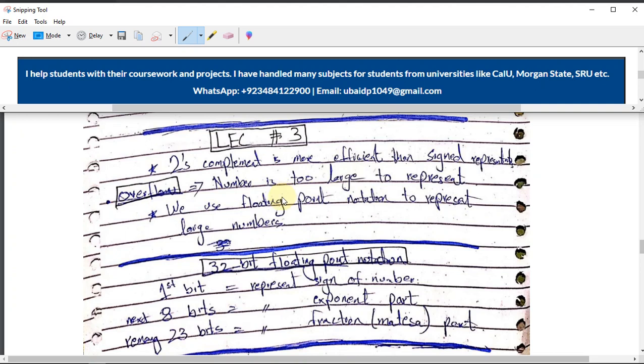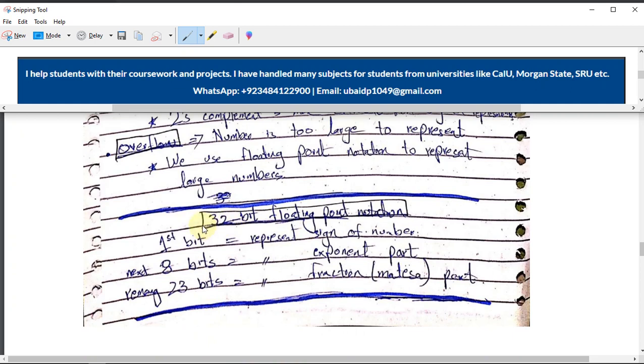To deal with it, we use floating point notation, right? We just multiply by 10 raised to the power of something to represent really large or really small numbers. Let's see the floating point notation, which is the 32-bit floating point notation, and it is the same concept.